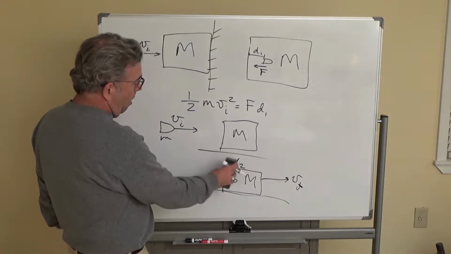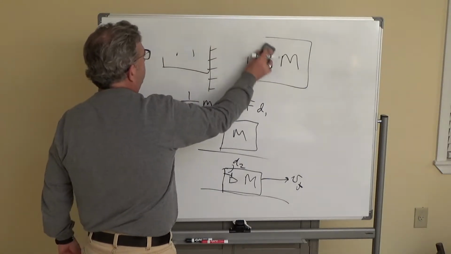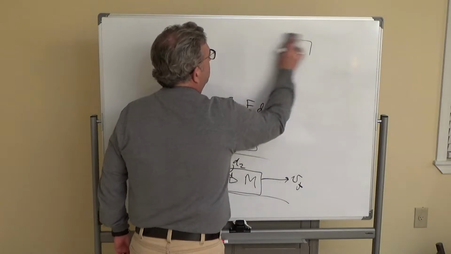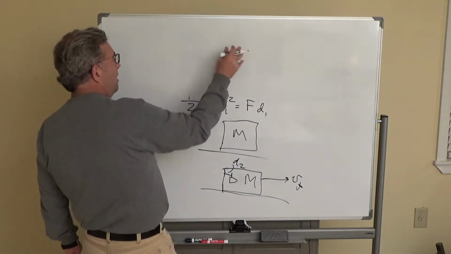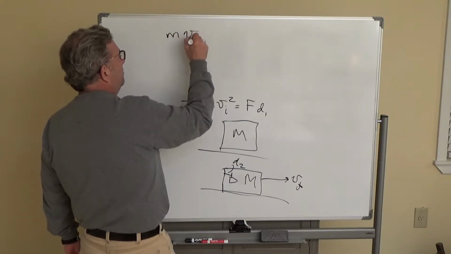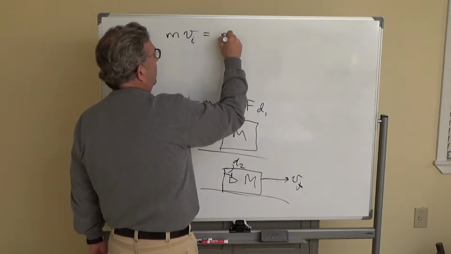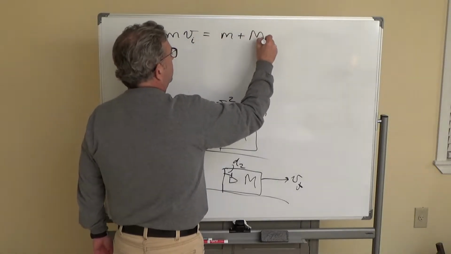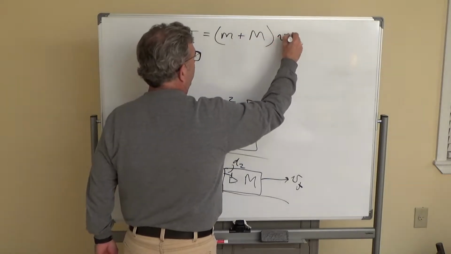Where is the loss in the second case? In the second case, we have conservation of momentum. So little m V initial is equal to little m plus big M times V final.